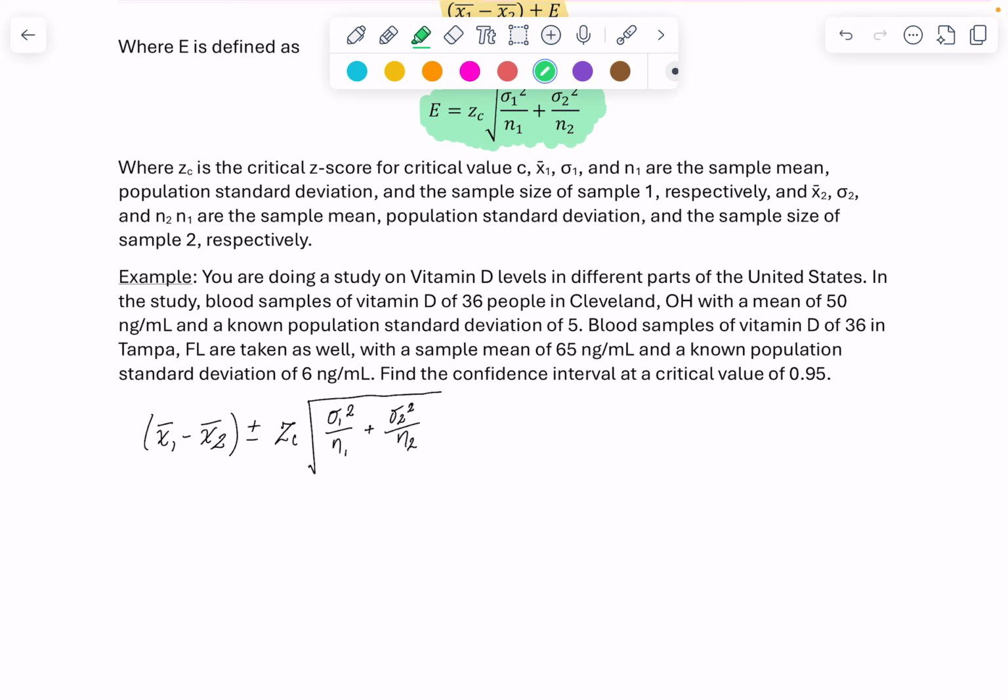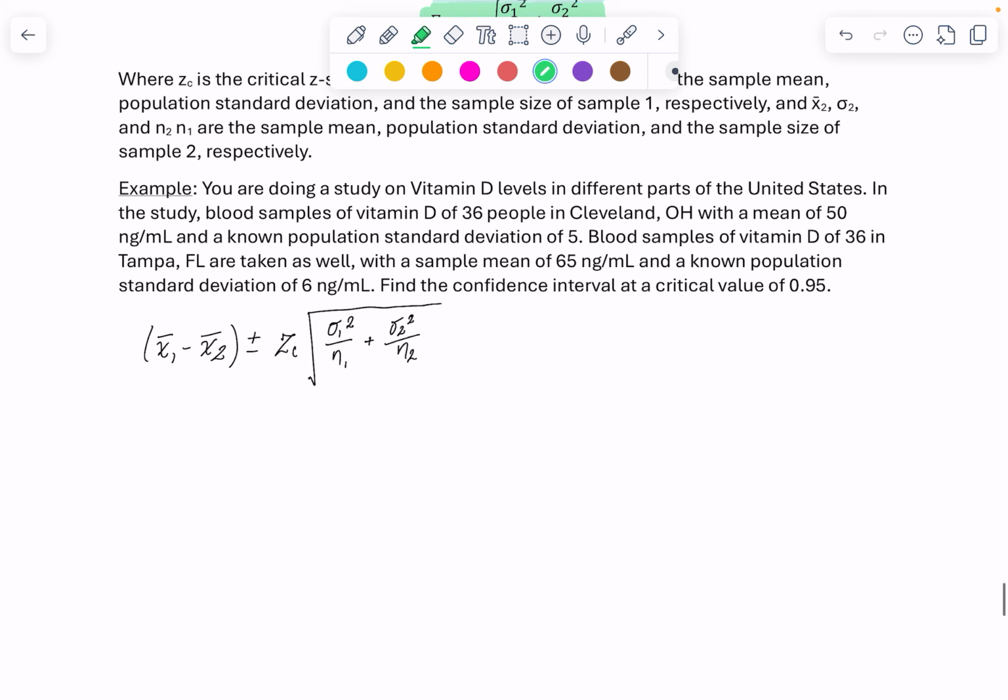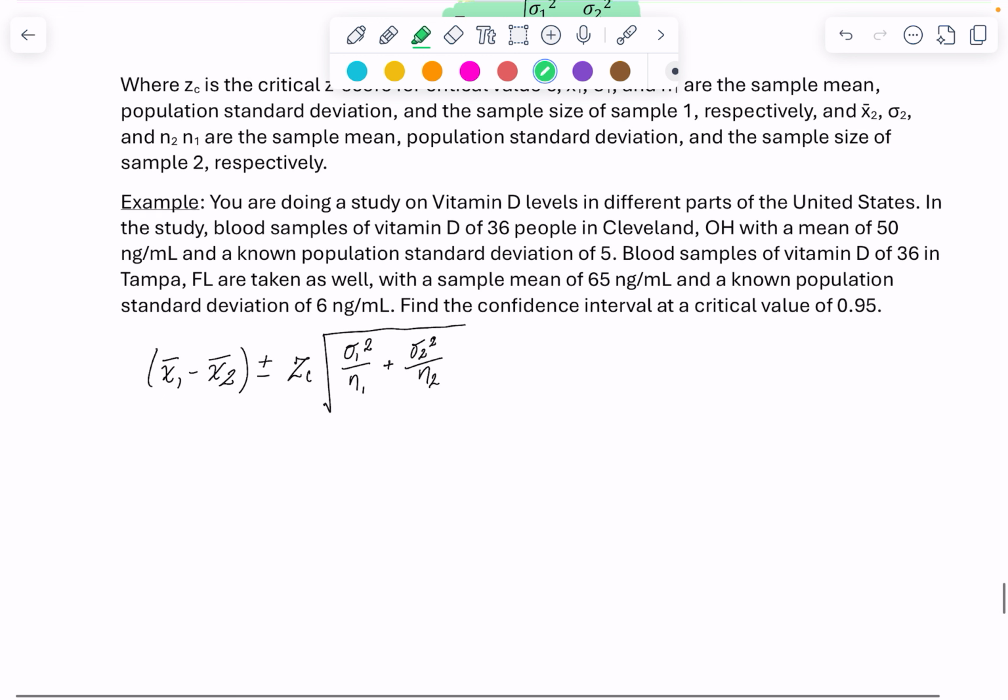So it makes a little bit more sense when we're talking about averages, right? So let's get into that habit as well. Tampa, Florida, I'm going to put it as orange here. The sample mean is 65. We had samples from 36 people and a population standard deviation of 6 nanograms per milliliter.